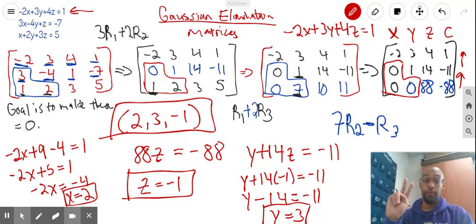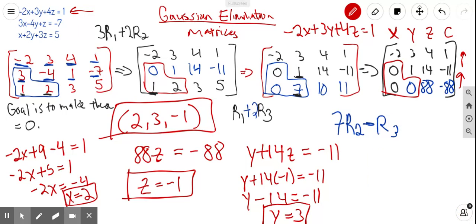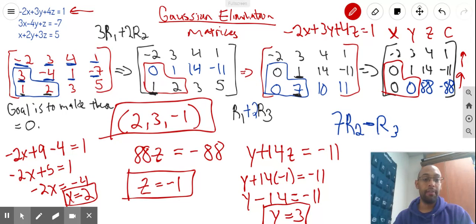And remember, I did 2 for traditional. I'm now going to do the second one for Gaussian, but you will get the same answer, okay? So just make sure that you realize that regardless of the method, you will get the same answer whether you use traditional or Gaussian.